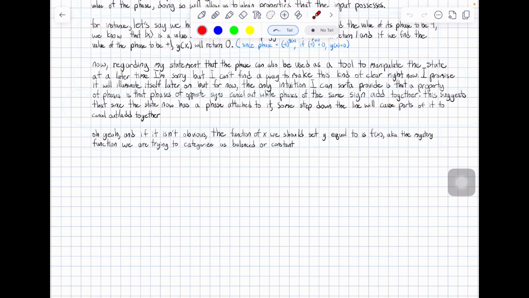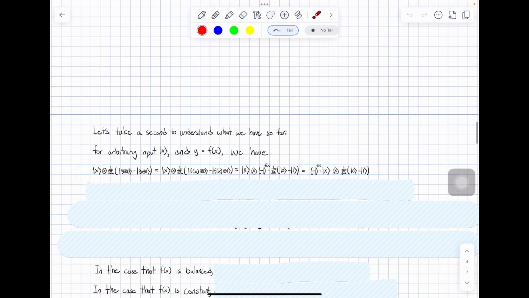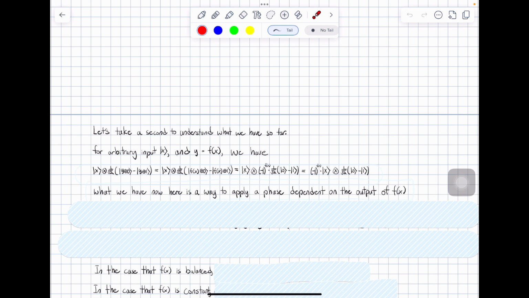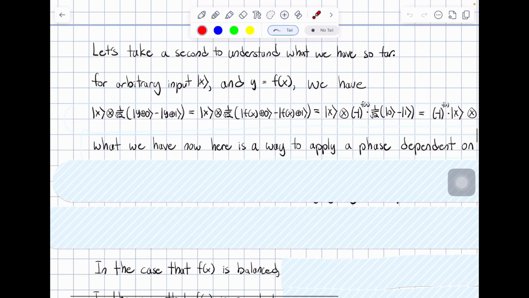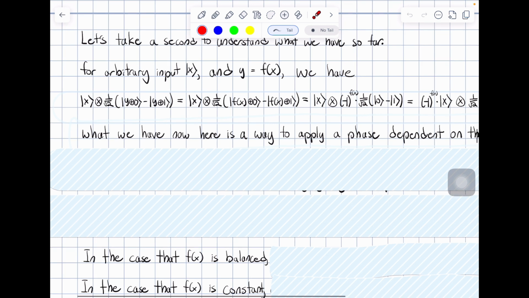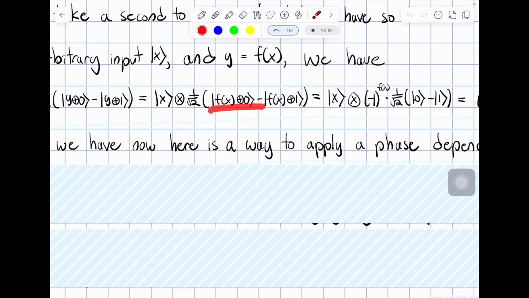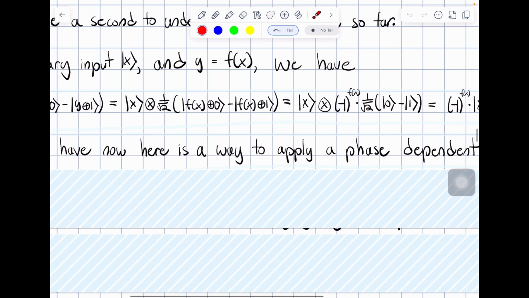Just to make sure, are you able to understand? Okay. Let's recap what we have so far. For an arbitrary input x and y equals the mystery function f(x), we have x tensor 1 over square root 2 (|y XOR 0> minus |y XOR 1>) equals x tensor 1 over square root 2 (|f(x) XOR 0> minus |f(x) XOR 1>), with f(x) being y, the mystery function.